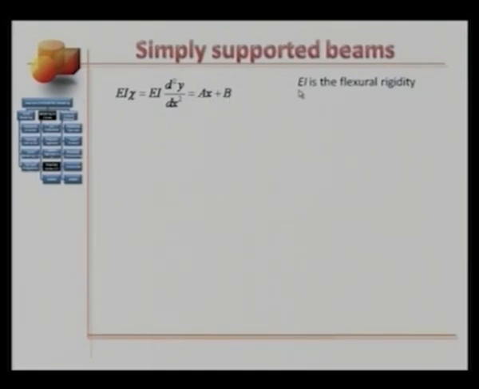EI is the flexural rigidity. Chi is the curvature, and for small deformation, the curvature is given by d2y over dx squared. Y is the vertical deflection. A and B are known constants. 10 points for guessing what this is. You're right. This is the moment at any cross section.